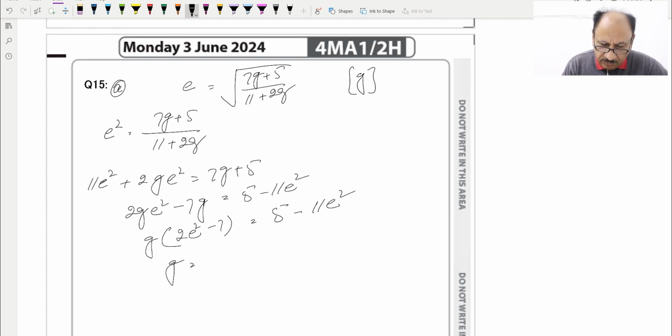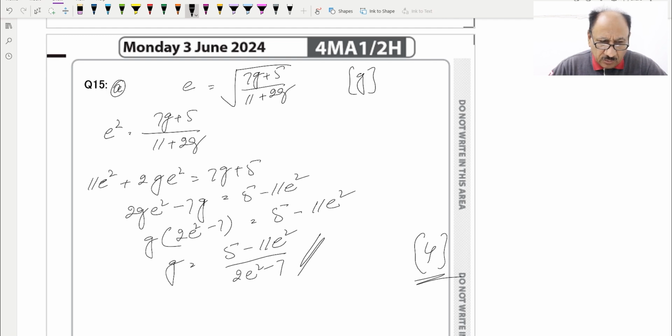So G will be equal to (5 minus 11 E square) over (2E square minus 7), and this will be the final answer for 4 marks. This part is 4 marks. Hopefully you understood this. It's a very easy, straightforward question.